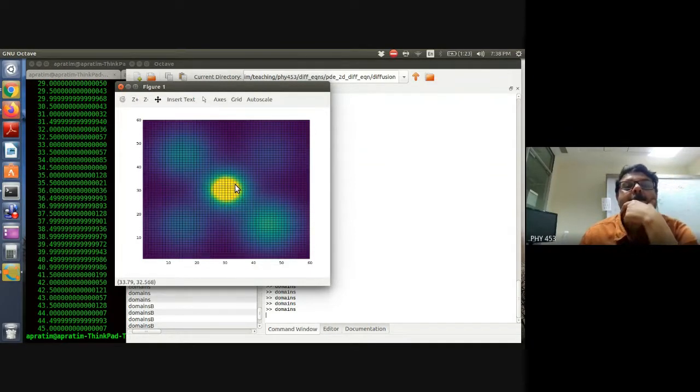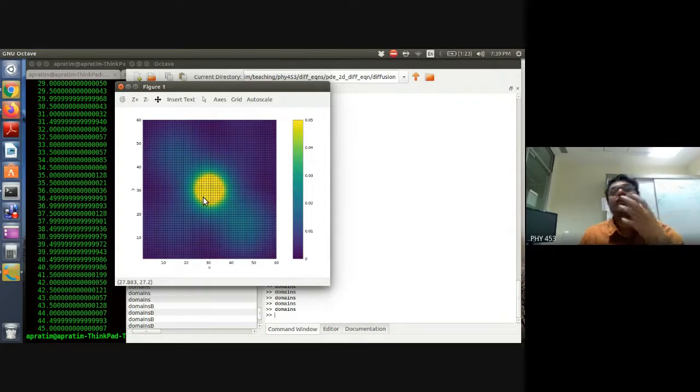Now this one has nearly disappeared, but you can still figure out the consequences of these two. In this one there is a higher concentration because this is 0.05. Things have been unable to diffuse out, and hence you are seeing a bigger droplet.